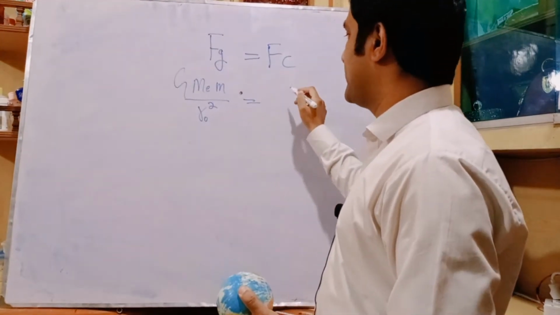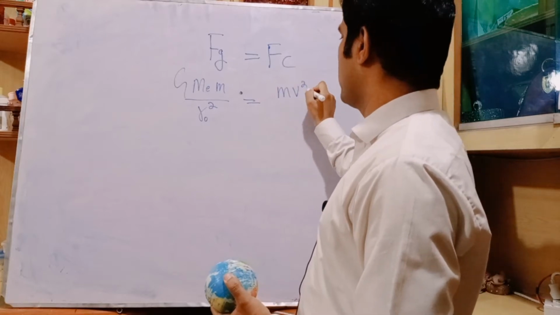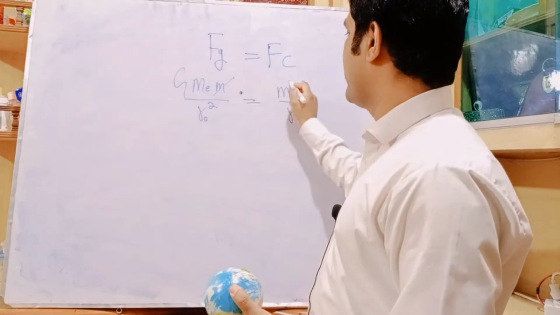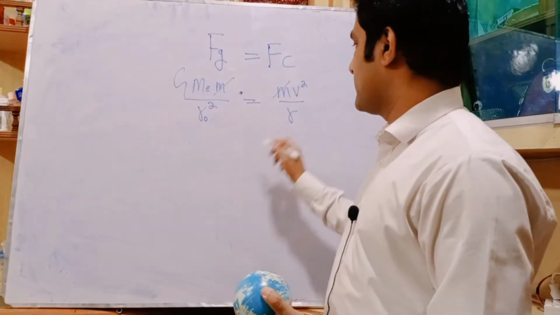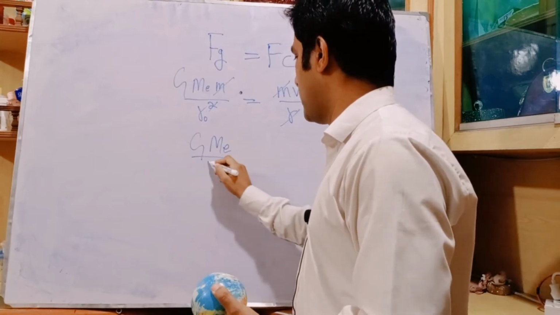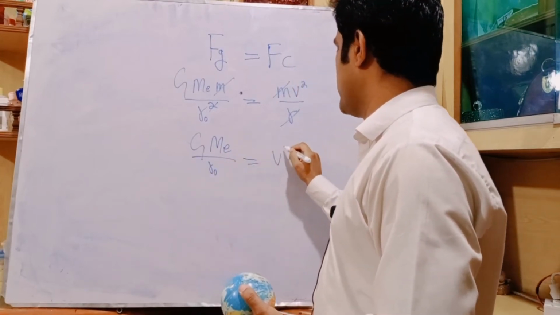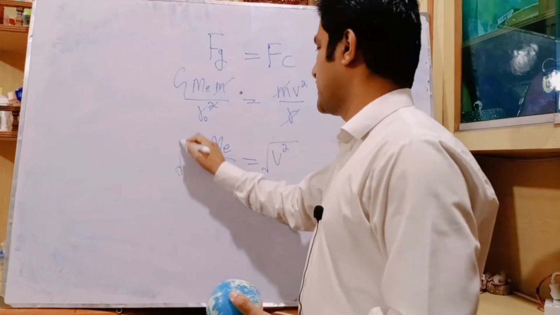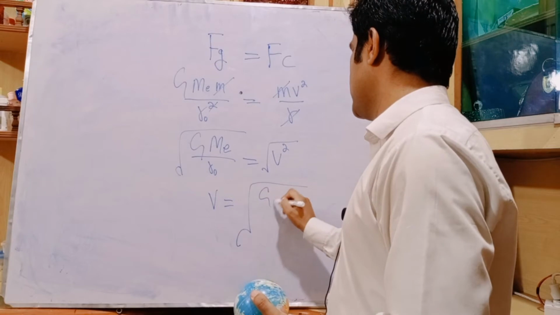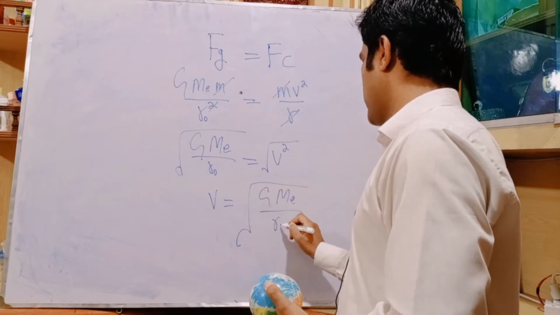And what is Fc? It is m v square over r. Here m will be cancelled and r will be cancelled. So it will be G Me over r naught equal to v square. Taking the root on both sides, v is equal to root of G Me over r naught.